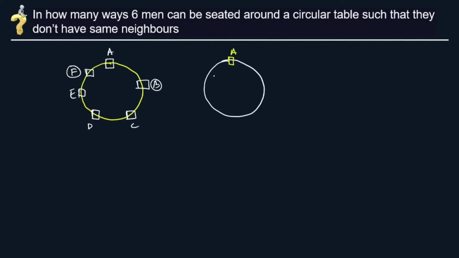Here is A. Now B is sitting here, C is sitting here, D, E, and F. Now you tell me, is this arrangement and this arrangement the same or different? That is, are the clockwise arrangement and the anti-clockwise arrangement the same or different?